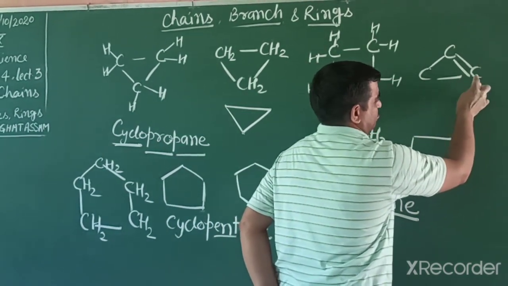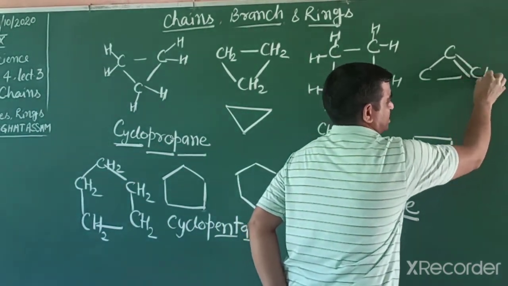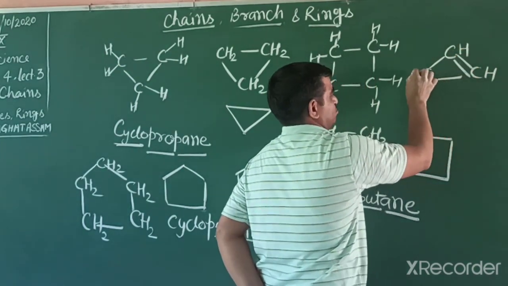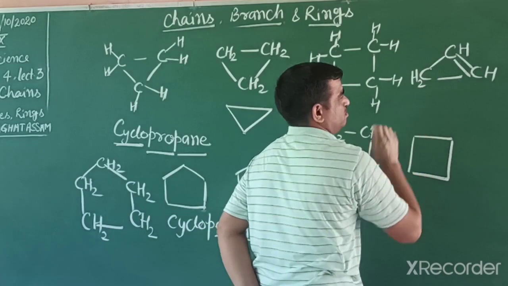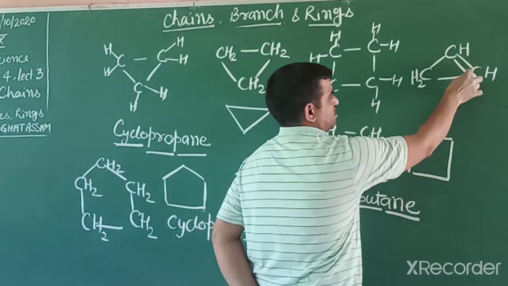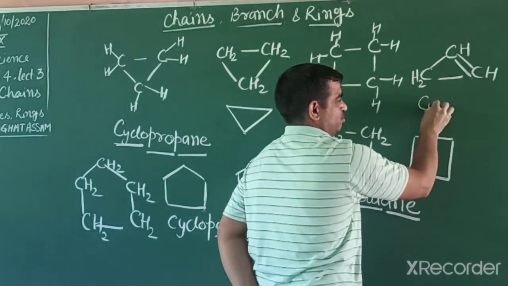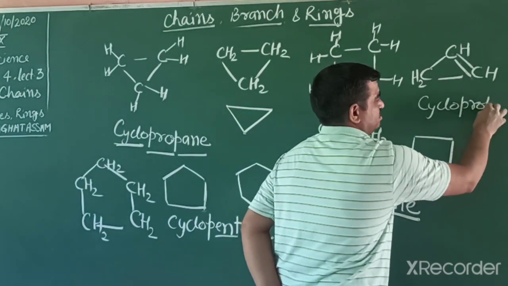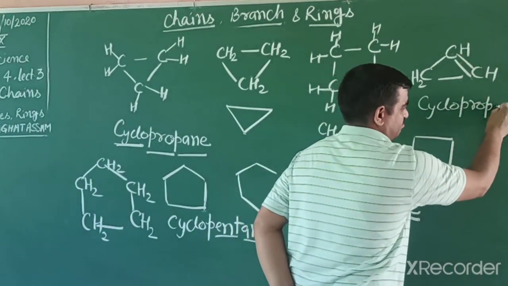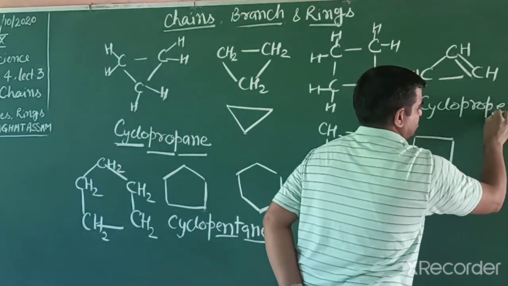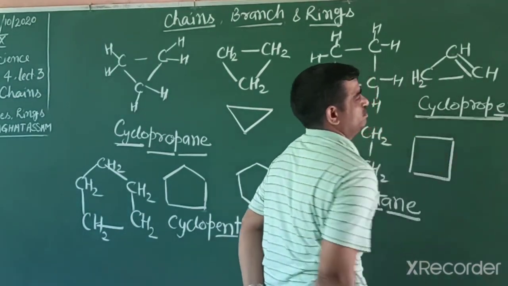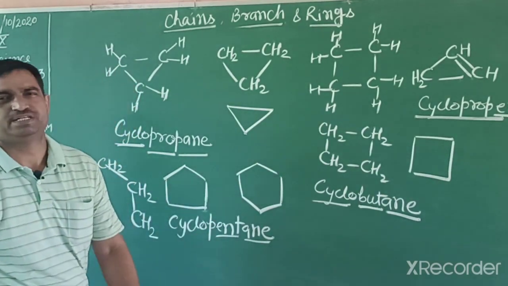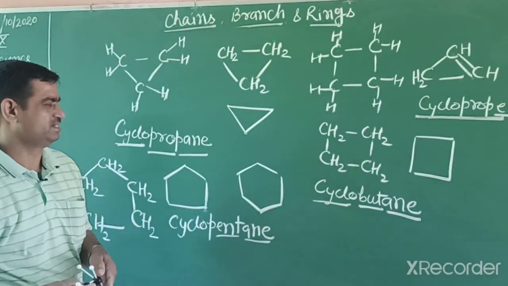We complete their valency, 1, 2, 3, only one hydrogen each. So its name is cycloprop, and for the double bond we write the suffix ene, cyclopropene. Their position we can also indicate after that.